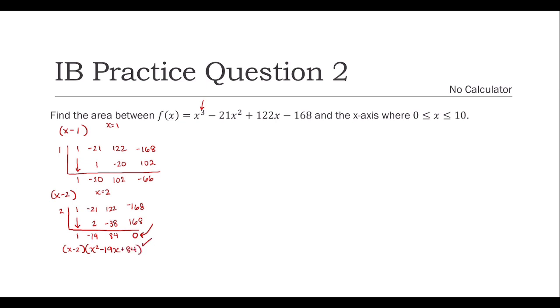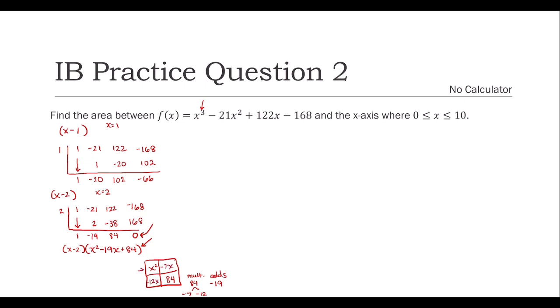So now we want to factor this trinomial. We can use our box method with our x squared here and our constant here. So we need something that multiplies to 84 and adds to our b value, which is negative 19. So that's going to be a negative 7 times a negative 12, which gives us a positive 84, and negative 7 minus 12 gives us negative 19. So we'll have negative 7x and negative 12x.